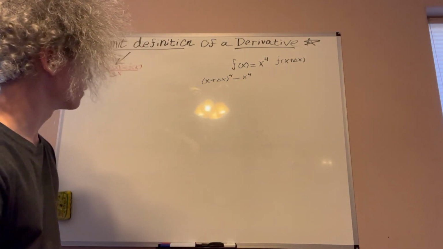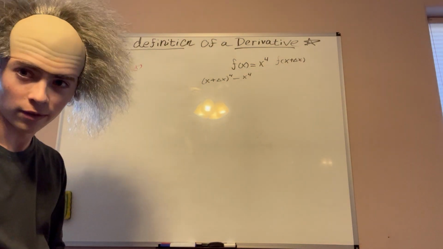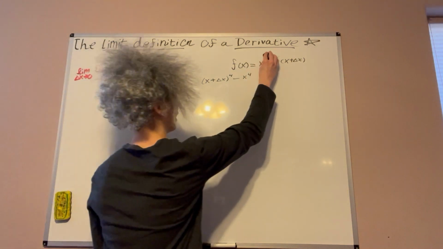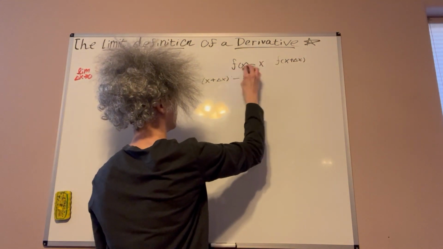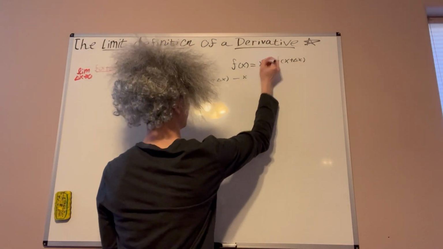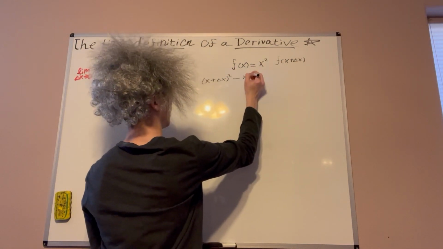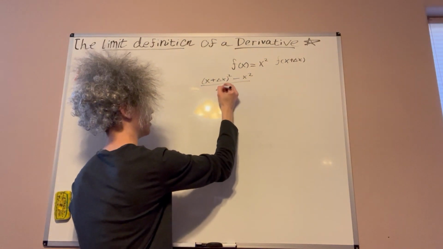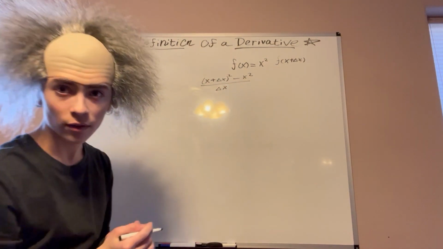You know what? Actually, now that I think about it, this is going to get pretty messy. So let's say f of x equals x squared. That'll be much easier, and you'll see why in a second. And we're going to put all of that over delta x. That's our difference quotient.